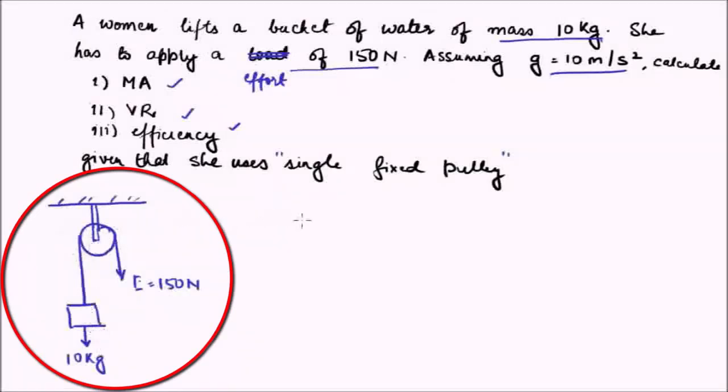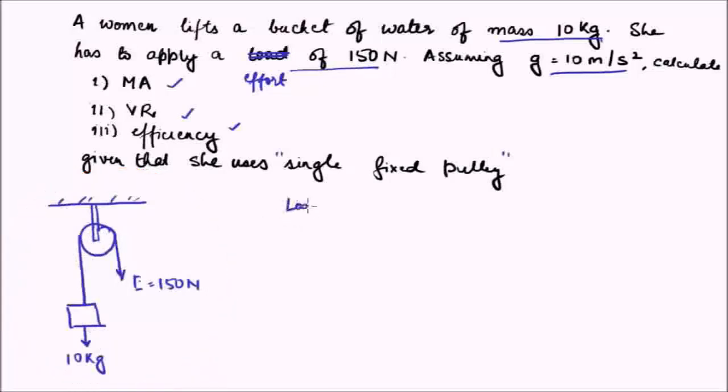The first step we need to do is to find out the load. The load will be equal to the mass times the gravity, which is 10 times 10, and that will give me 100 Newton. So the load is 100 Newton. The effort is 150 Newton that is applied to lift the bucket of water.